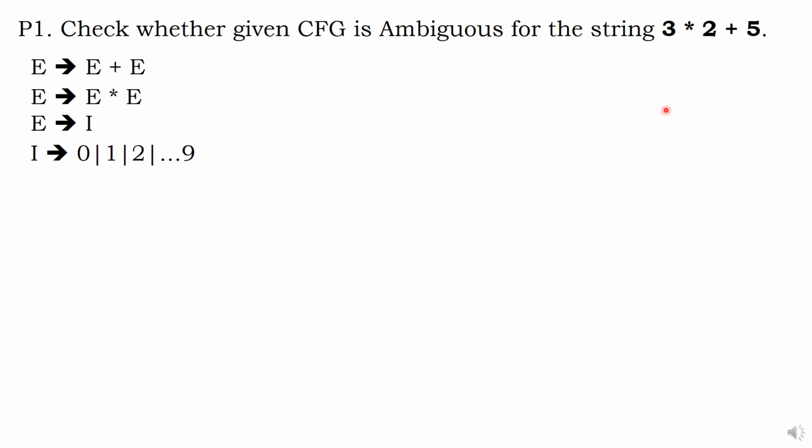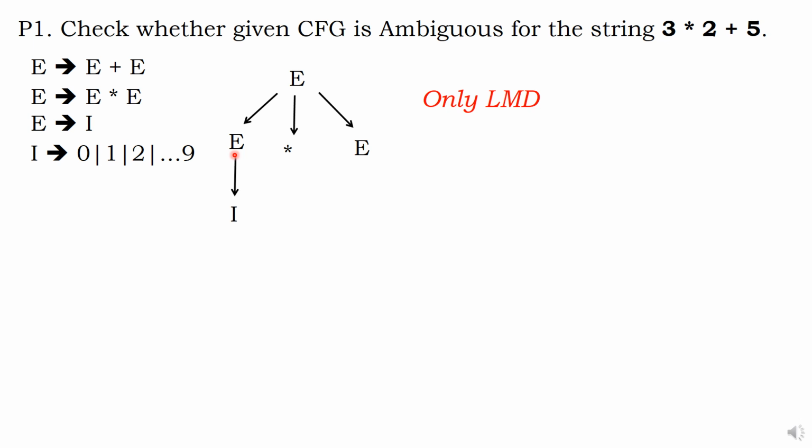Now I will start using LMD. I start from the root E and replace it with E star E. Now I am going to prefer LMD, so this E I want to change. I will make it 3, because 5 is on this side, so let us do that later.